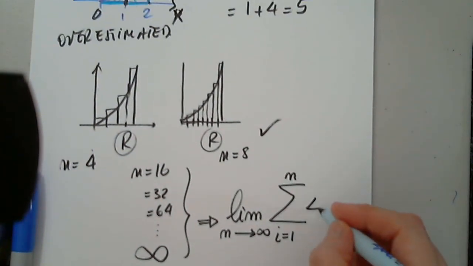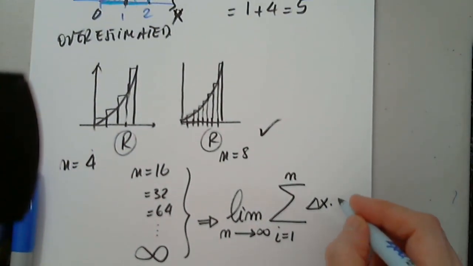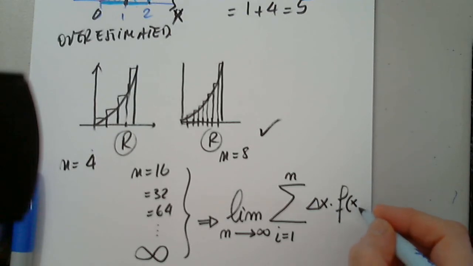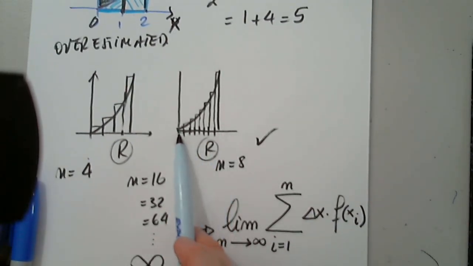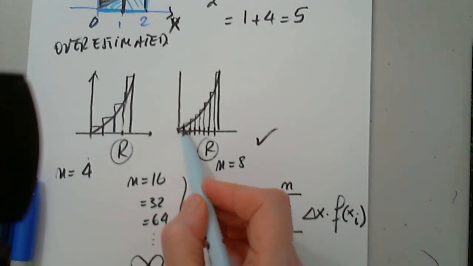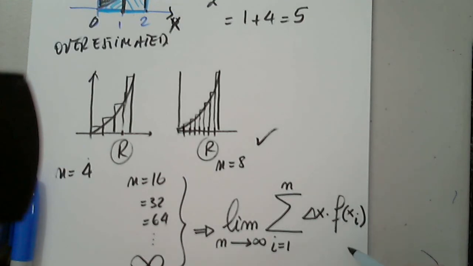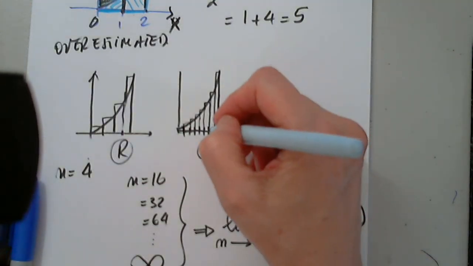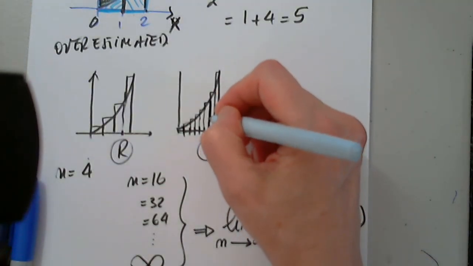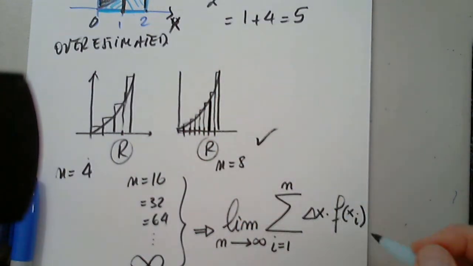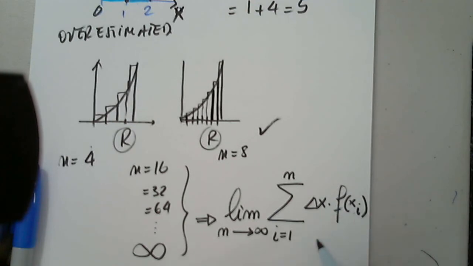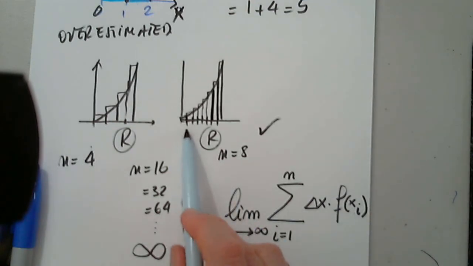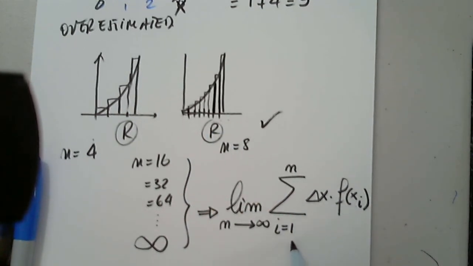Base times height: f of x sub i, because i depends on the location. If I'm talking about the first subinterval, then the height will be this. If I'm talking about the 6th, then the height is this. If I'm talking about the 7th, then the height is this. So this depends on i, on which rectangle I'm working on.